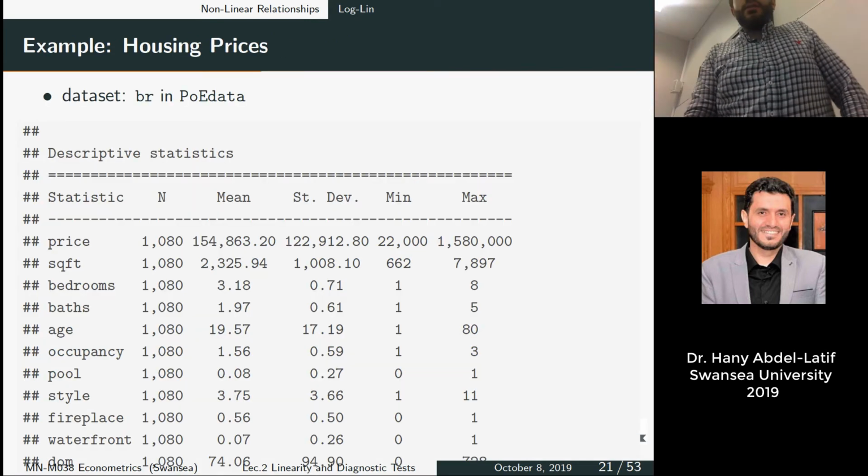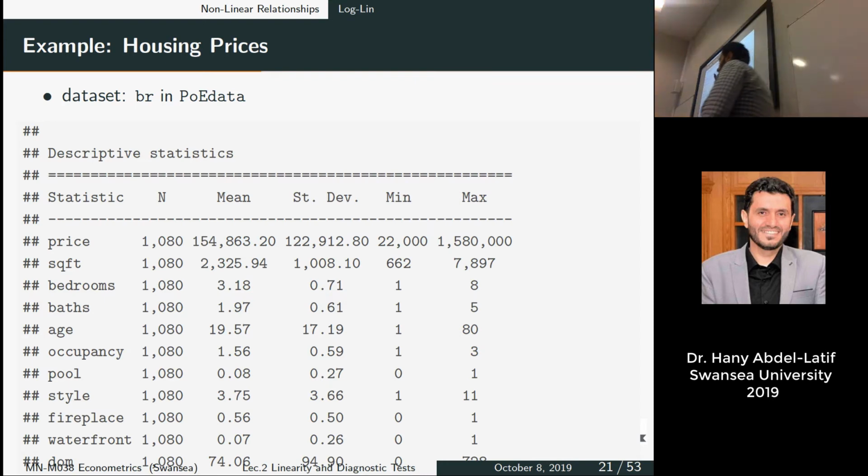So let's have an example and use a different data set to estimate a log-lin model and see the explanation and what that means. This is the descriptive statistics of data from the same R package again.